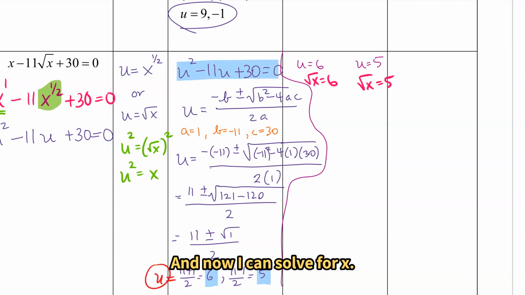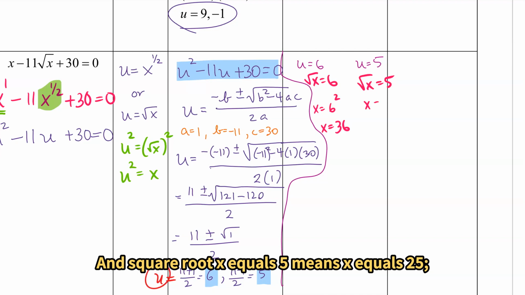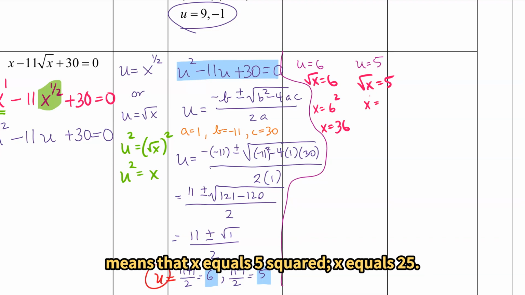And now I can solve for x. Square root x equals 6, so x is going to equal 6 squared, which is 36. And square root x equals 5 means x equals 5 squared, x equals 25.